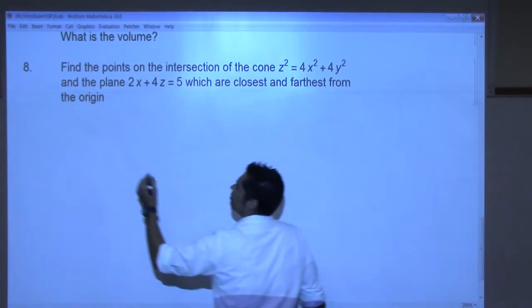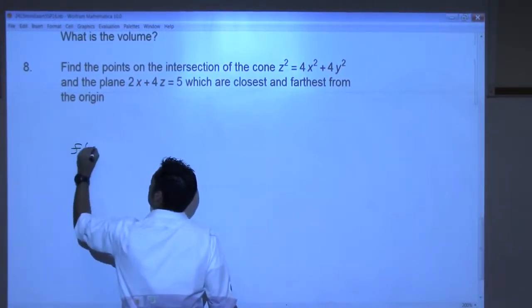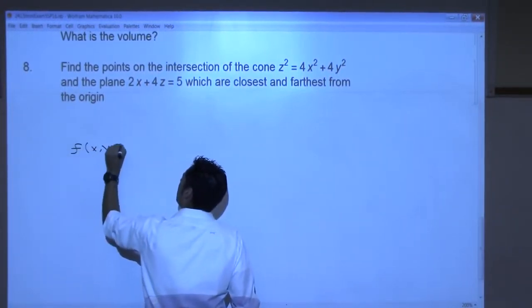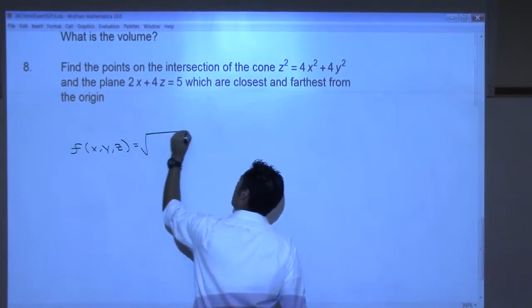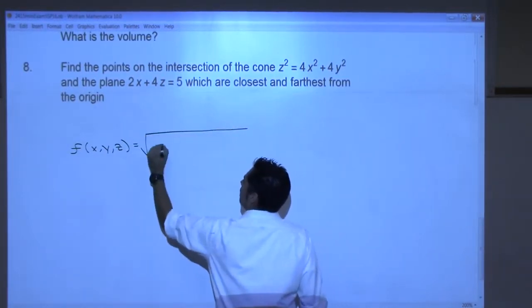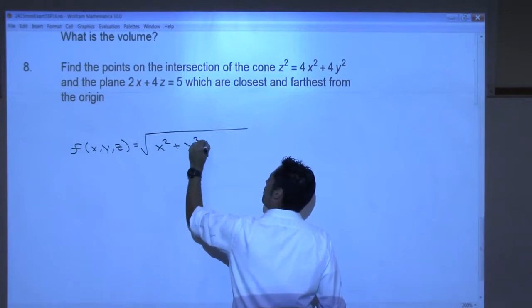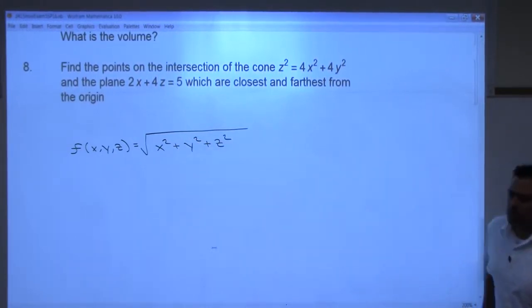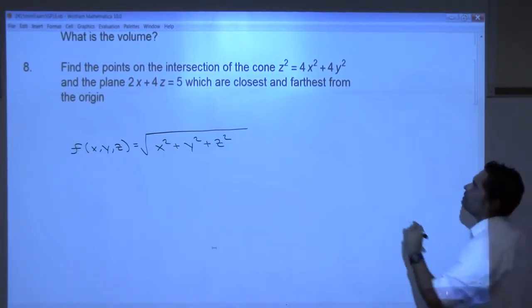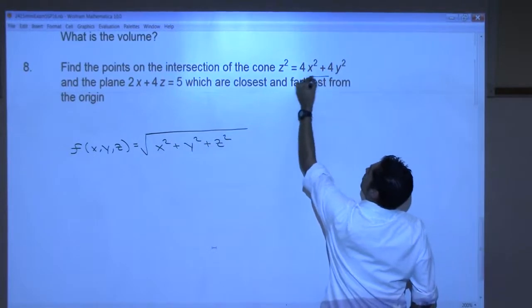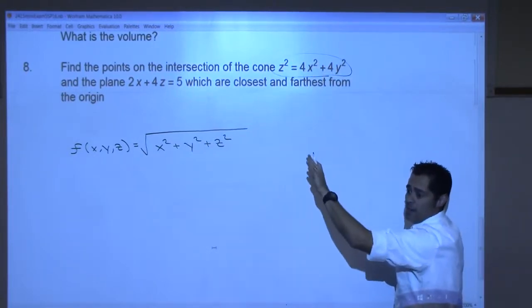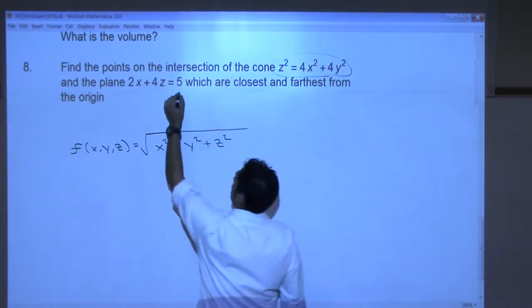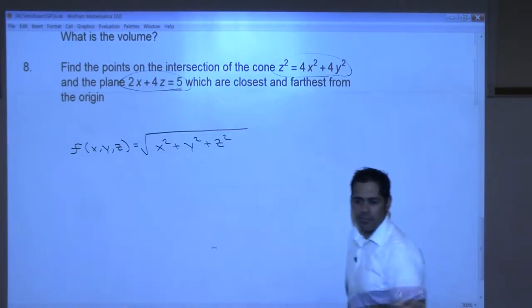The objective function would have been the distance function, right, which would have been the square root of x squared plus y squared plus z squared. So I'm assuming you at least got that much of it. And then there are 2 constraints, right? Constraint 1 is this one, move everything to one side. The second constraint is this one, right?